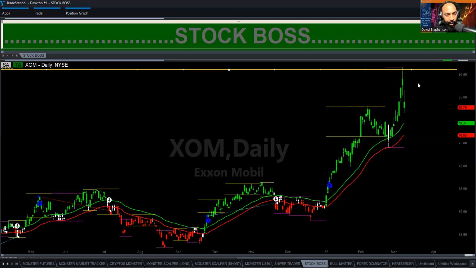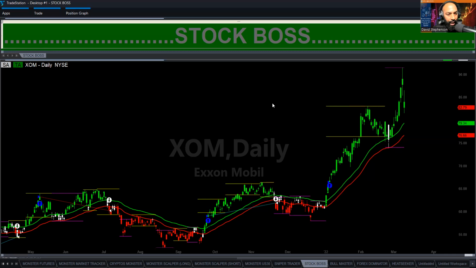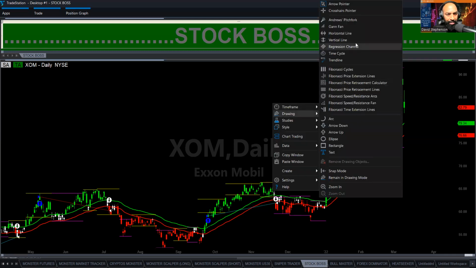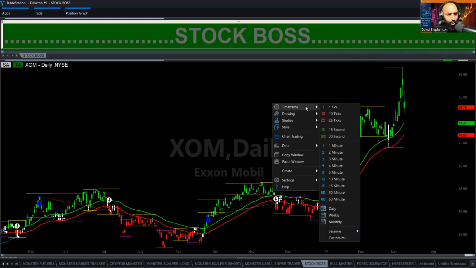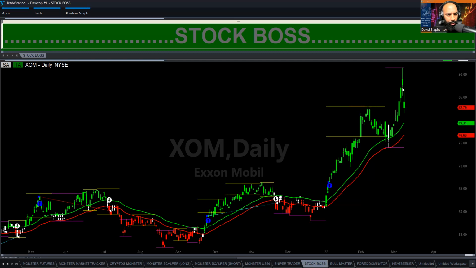So I wouldn't play around with this. We'll take a look at the monthly time frame and the weekly, but I wouldn't. The trade is, it's not that it's over, right? We still don't have a sell signal. It could go higher, but it's getting extended.